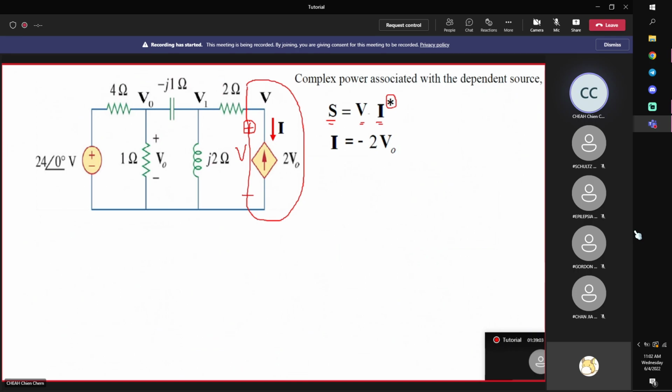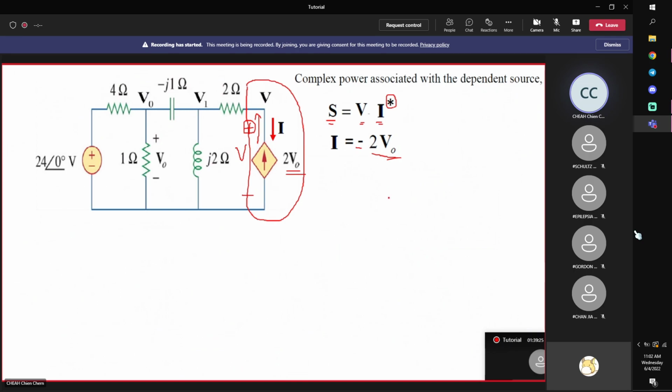So therefore, you need to calculate two things: the voltage across this dependent source and the current flowing through this dependent source. Now this is a current source, which means that the current flowing in this direction is 2V0. We define it from positive to negative, so it's negative 2V0.